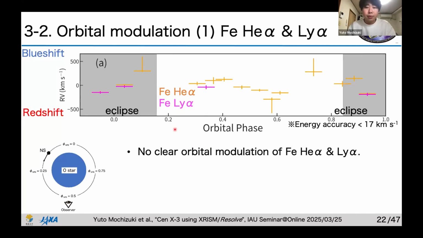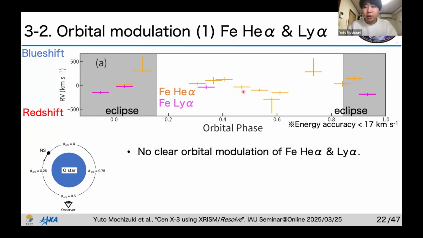Okay. This figure shows the orbital phase and radial velocities of the ionized iron lines. A plus value of RV means a blue shift and minus means a red shift.